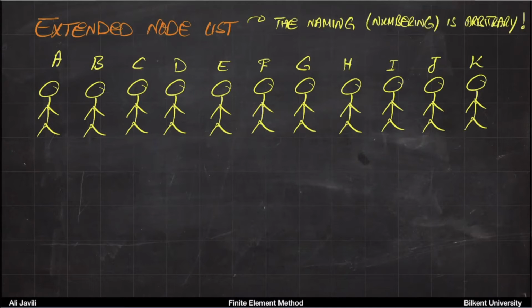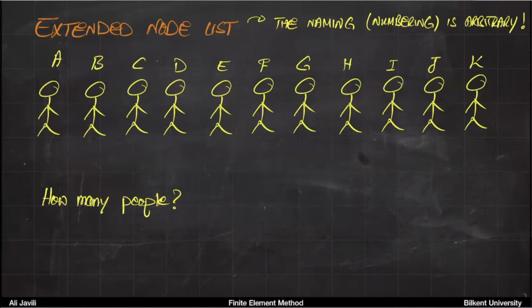Now, here is the game. We want to count a few things. We want to count how many people are in the queue. And let's say each person is either right-handed or left-handed.